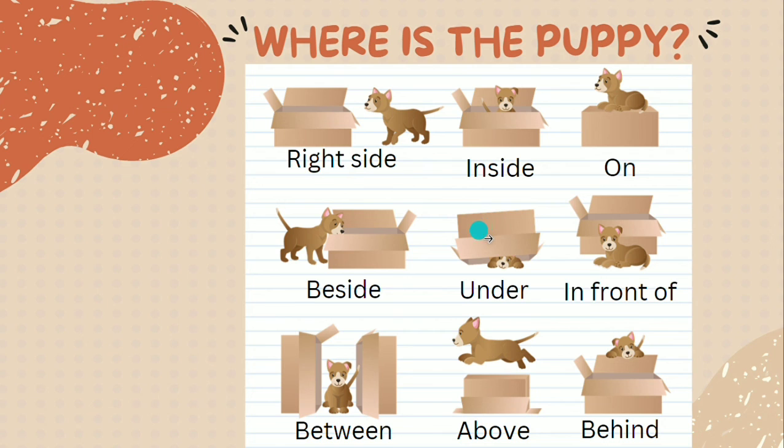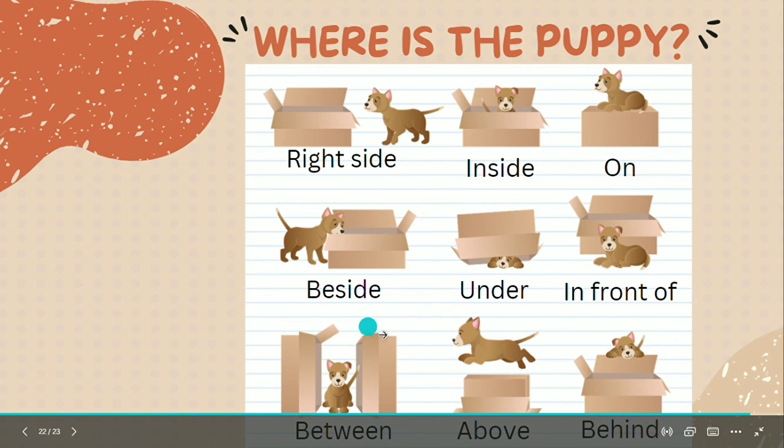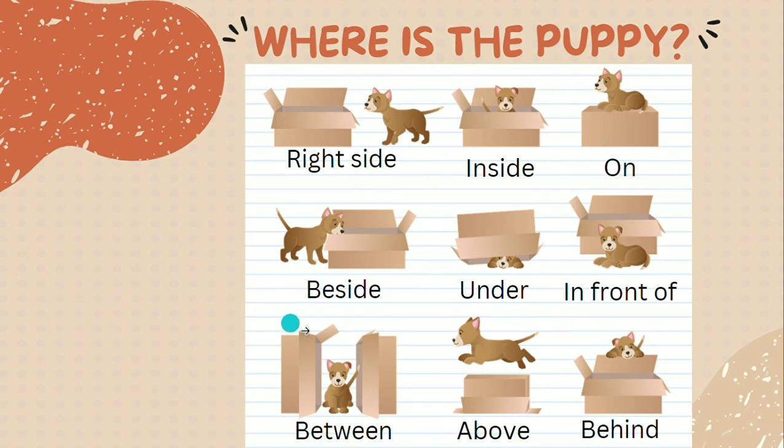And for the next one, the puppy in front of the box. And for this one, the puppy is between the boxes. Boxes because there are two boxes, so it's plural.